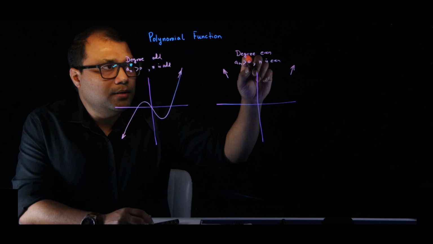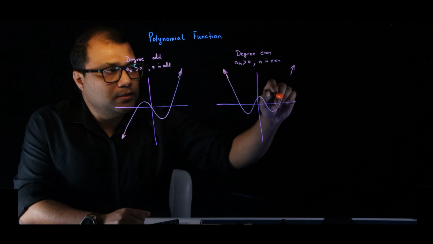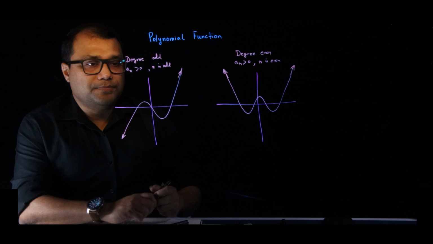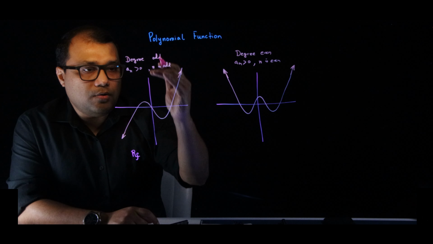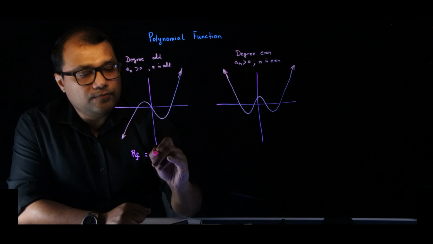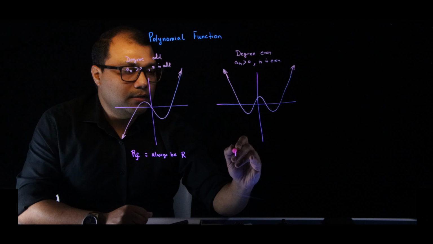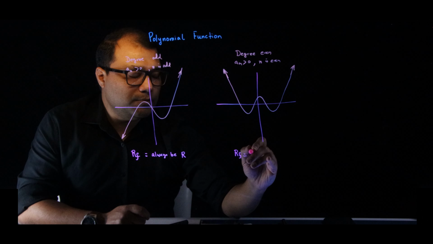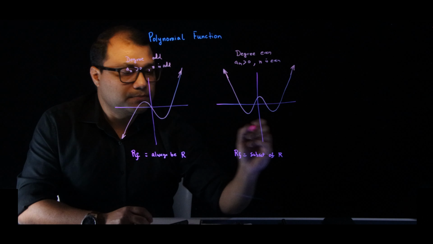And for a polynomial of degree even, the curve could be somewhat like this. Now if you look at the range of this function, it can take all positive values of y and all negative values of y. So the range will always be the set of real numbers. However, here the range will never be the whole set of real numbers. It will always be a subset of real numbers.